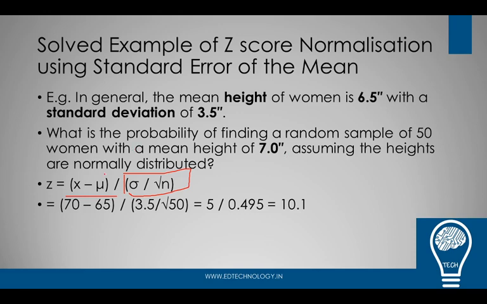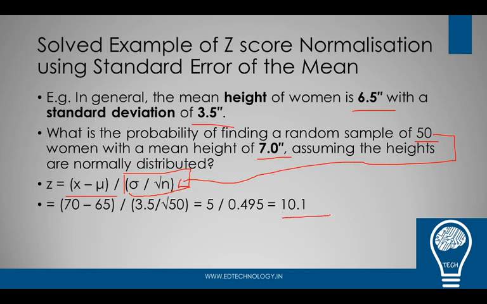The number of samples we are calculating for is given here, which is 50, so this value will come here. The standard deviation is 3.5. The mean is already specified, which is 6.5, and what we are calculating is for 7 inches. That is why I've converted all the values into normal form. So it is 70 minus 65 divided by 3.5 over root of 50, which is equal to 10.1.